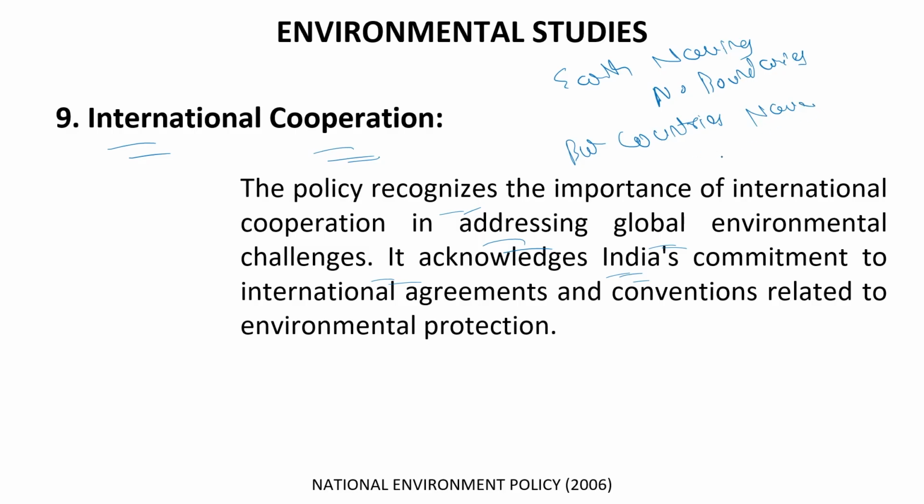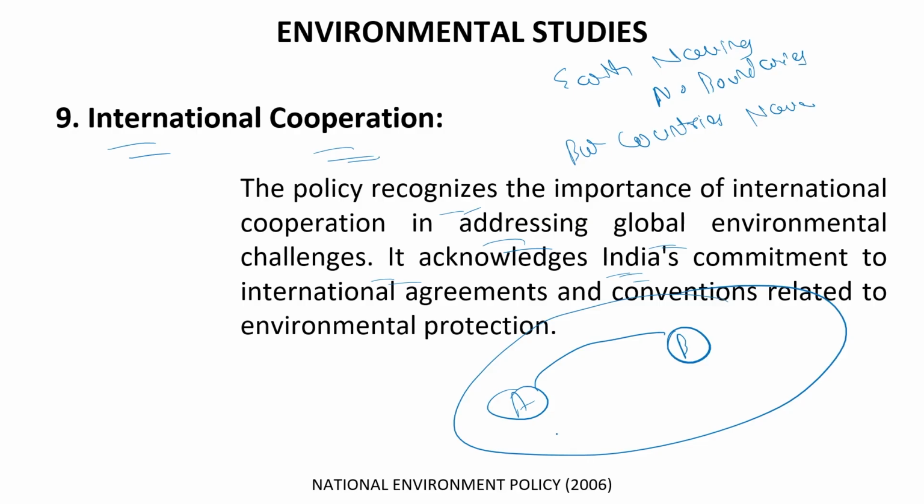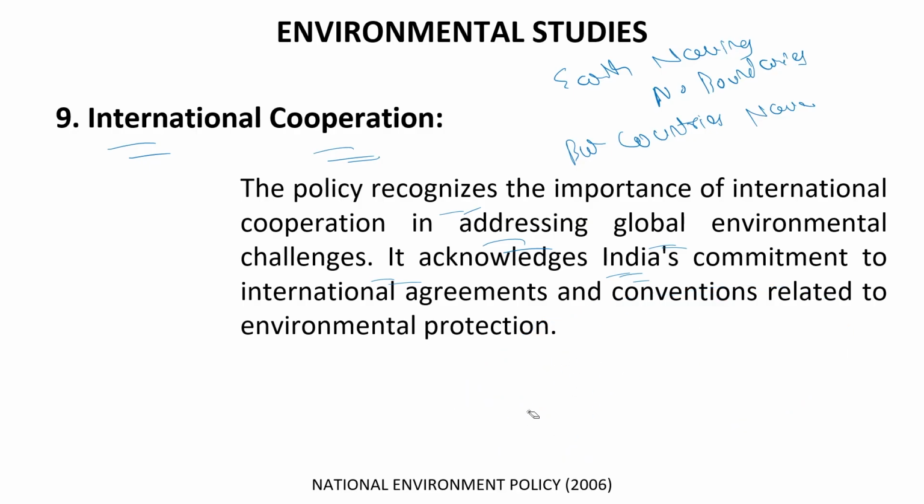Okay, countries have boundaries, but Earth does not have any boundary. So it means that if something happens in country A, it will have an effect on country B, because both are on the same planet. So that's why we require international cooperation so that we could protect Earth all together.